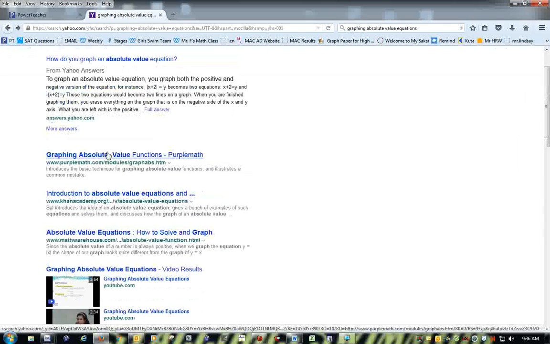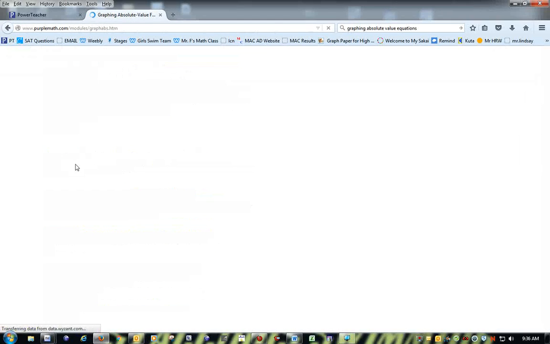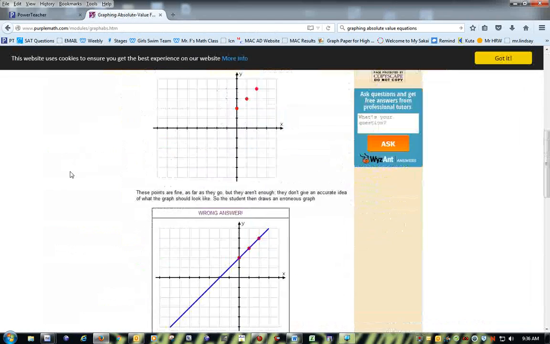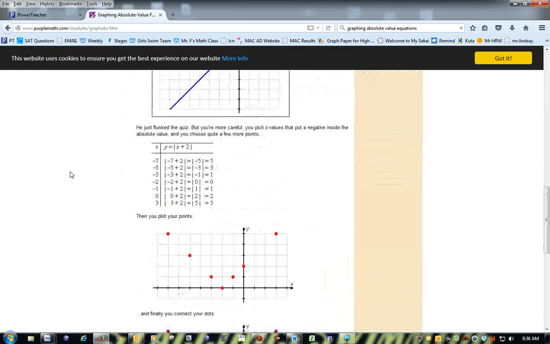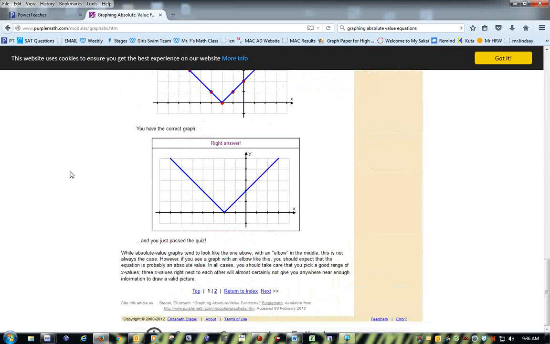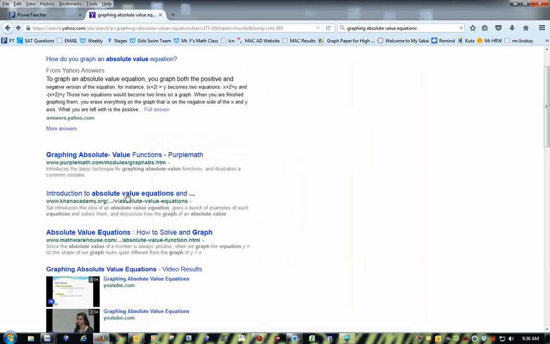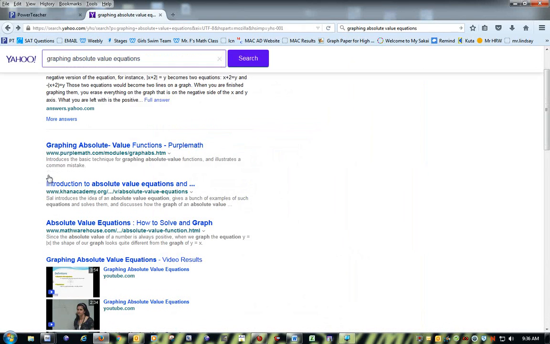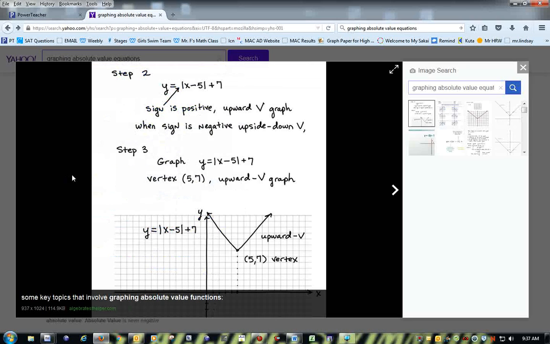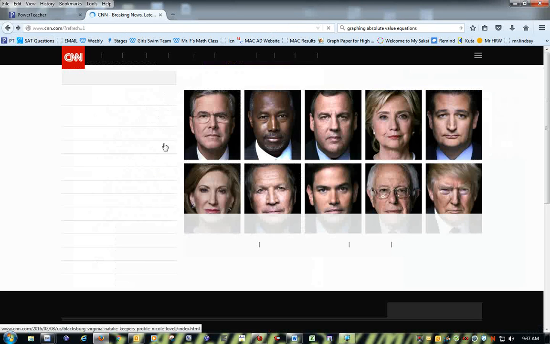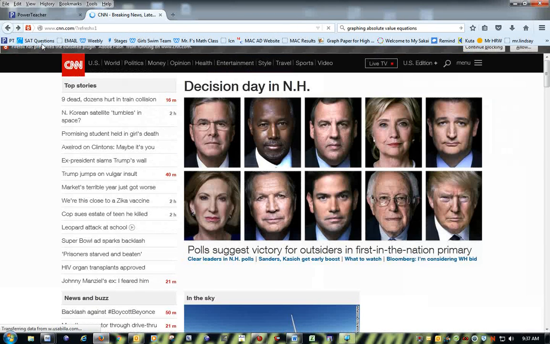Now, how do you go about graphing an absolute value equation when it's just not x, when it's a little bit more than x?